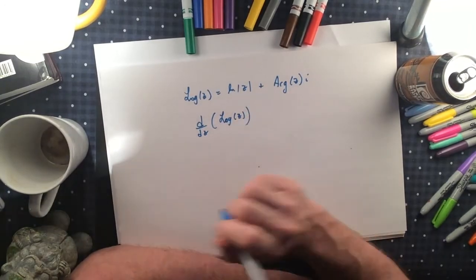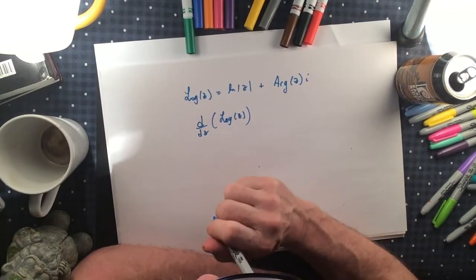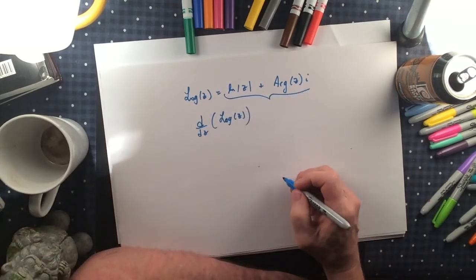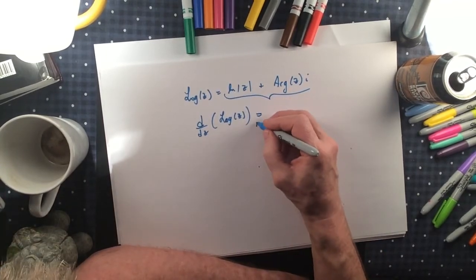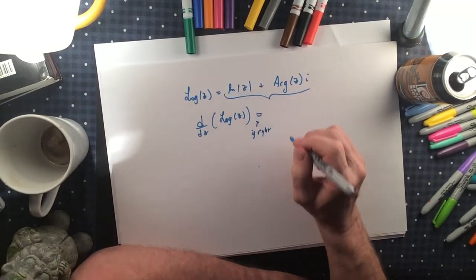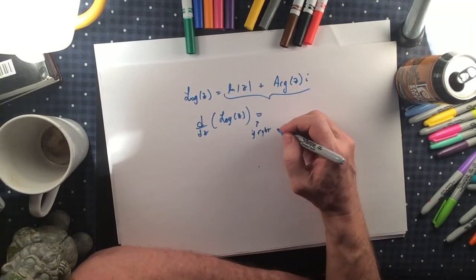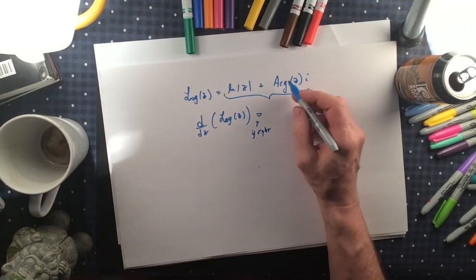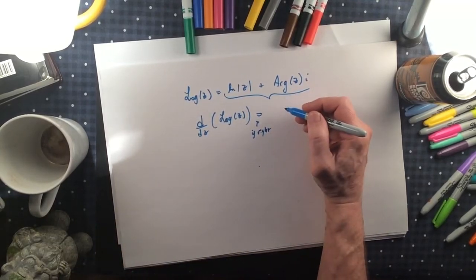Well, if the derivative exists, we know we can use Cauchy-Riemann equations to do this. And this is set up for Cauchy-Riemann equations. Well, the answer, if it's correct, is going to be the partial of this with respect to the x coordinate.